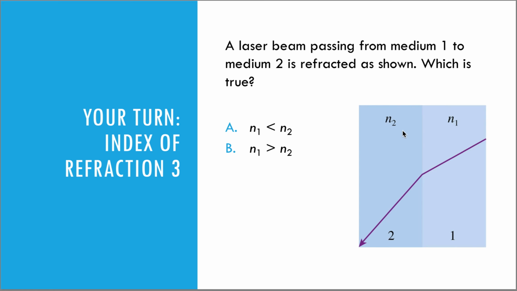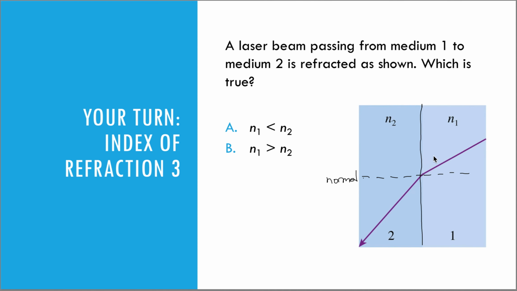What it shows here are two different media, and the boundary between the two is this line right here. So the light is going from medium 1 into medium 2. Is it refracting toward or away from the normal? So you should draw that normal line, the line that is perpendicular to the surface. This is the normal line here.